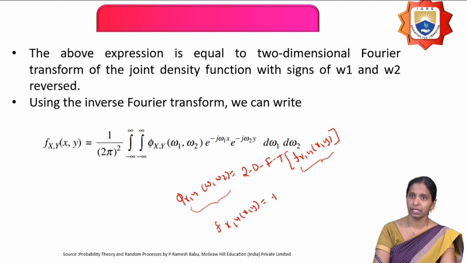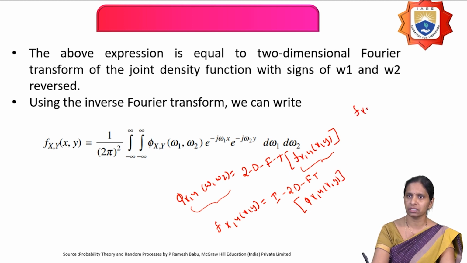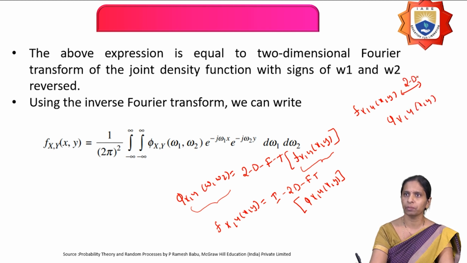By taking the inverse two-dimensional Fourier transform of the joint characteristic function. What does it mean? You can say that the joint density function of the two random variables as well as the joint characteristic function of the two random variables both form a Fourier transform pair.